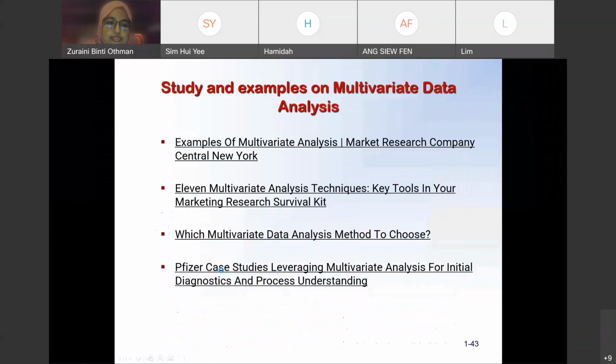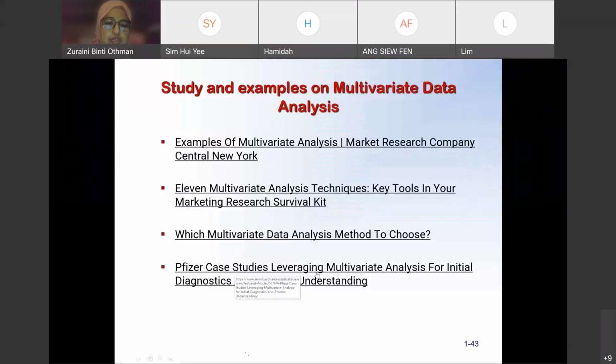Then the latest one is about last year, 2020, they used this study, which is the Pfizer case study leveraging multivariate analysis. They are using multivariate analysis for this Pfizer case study.